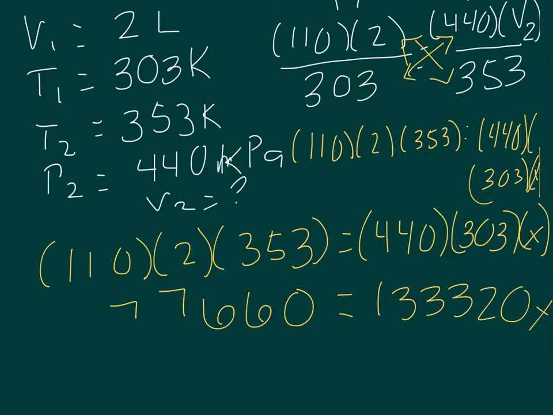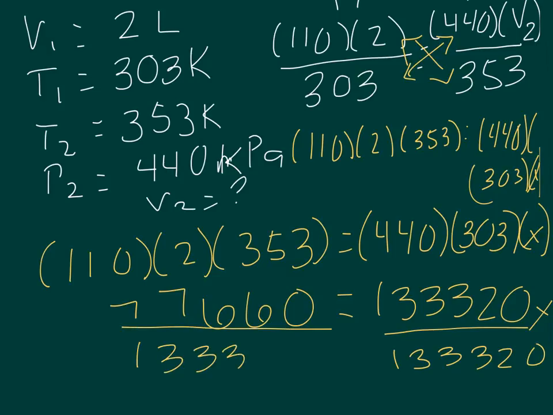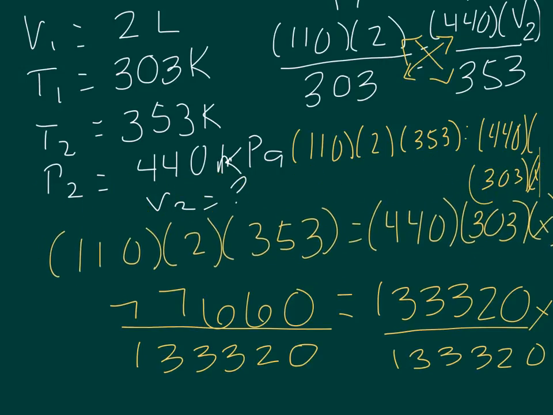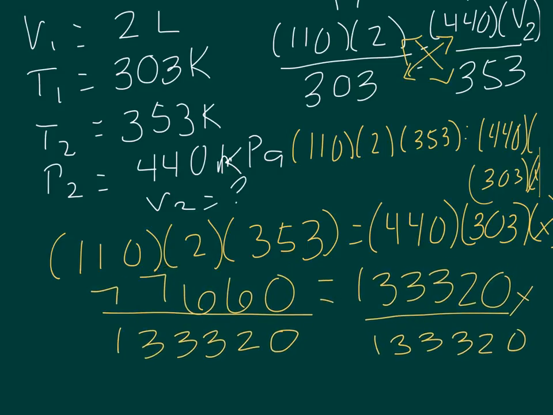To isolate my x value, I'm going to divide both sides. My last step is to divide, and when I do, I end up with x equaling about 0.58.